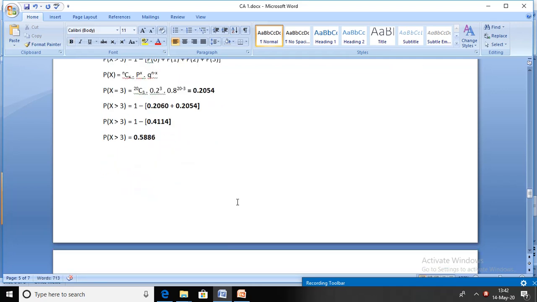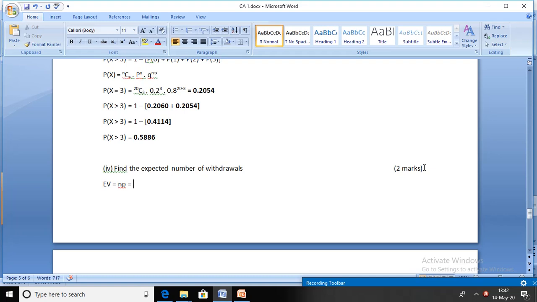All right, let me deal with the last question on this part. Very simple question. It says find the expected number of withdrawals. The expected value E equals NP. The expected value is the same as the mean.